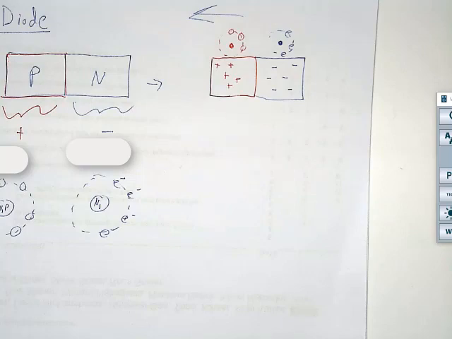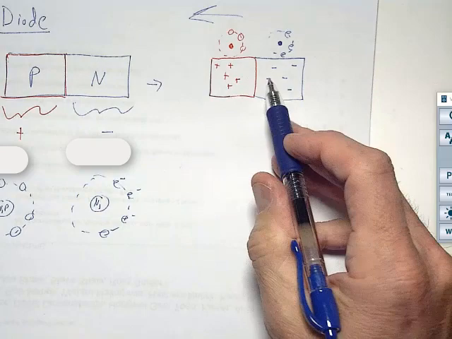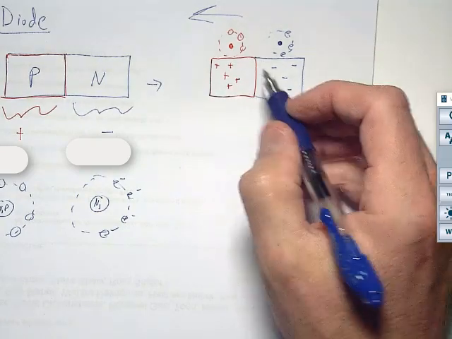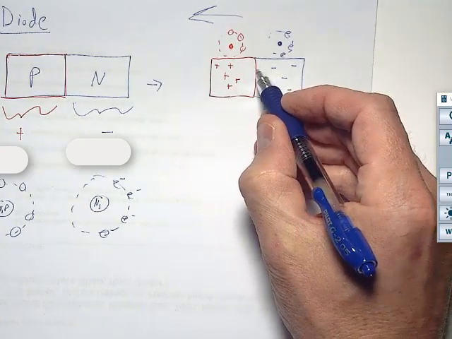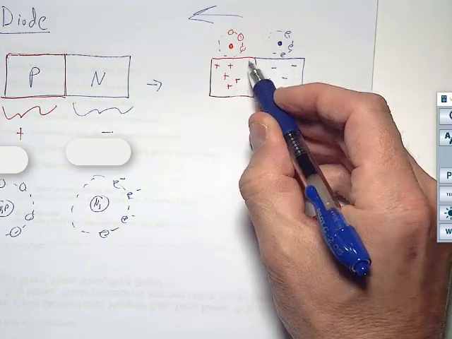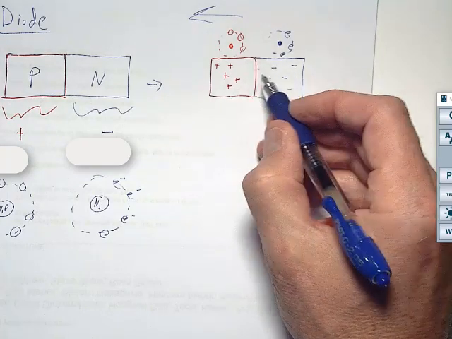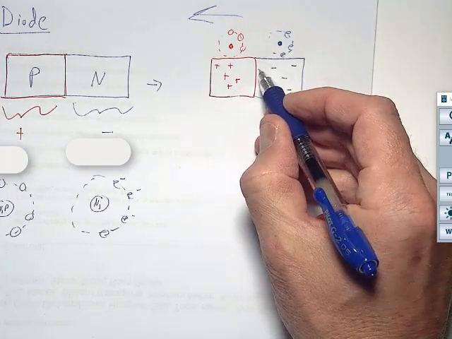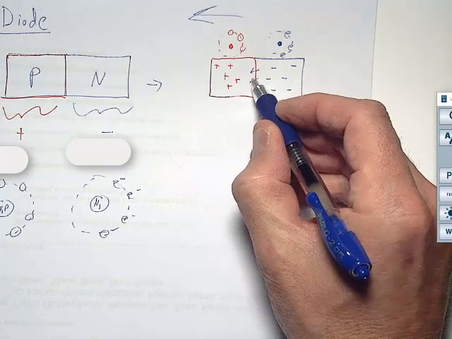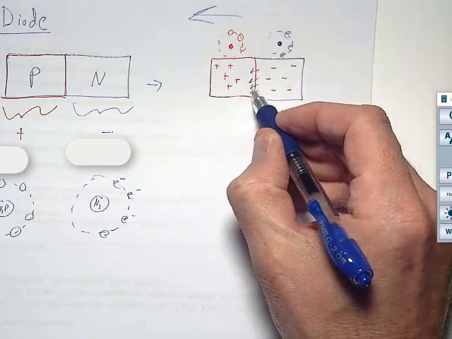The whole rule is opposite charges attract, and similar charges repel each other. So I stick this material together, and what do you think happens? The negative charge starts cruising over here and goes, look, there's a hole for me to jump into. So it comes over here, and they start migrating through.